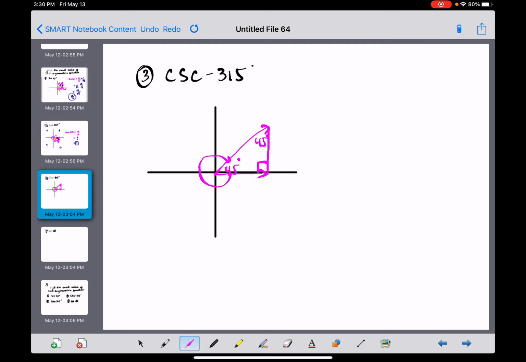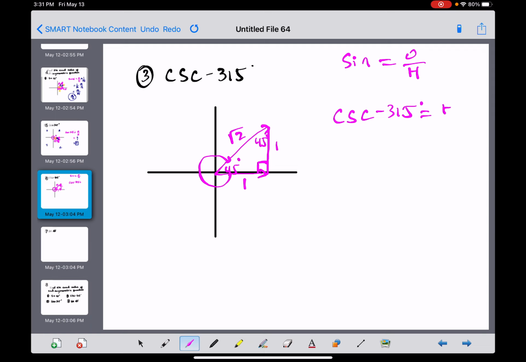And then step 3, label our sides: 1, 1, square root of 2. And then step 4, we're going to find the trig value, and in this case, cosecant of negative 315 degrees. Okay, so cosecant is a cousin of sine, right? Sine is opposite over hypotenuse.